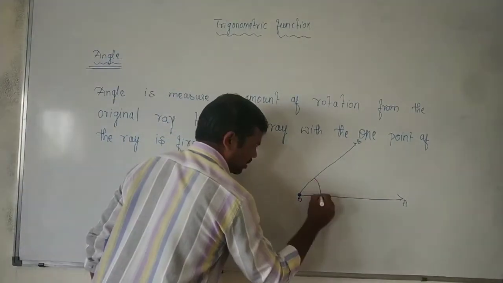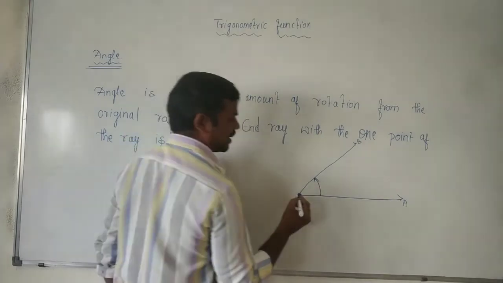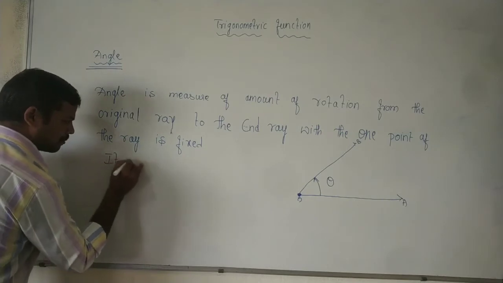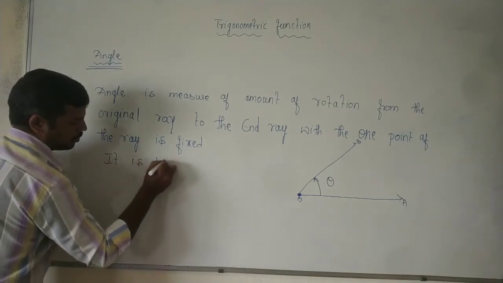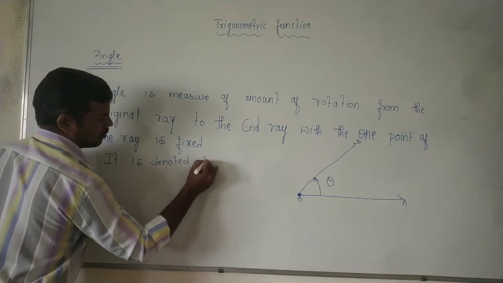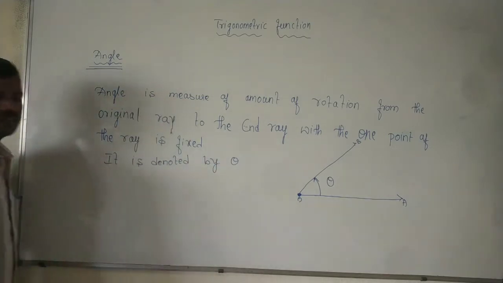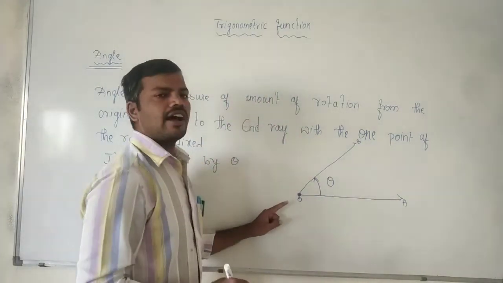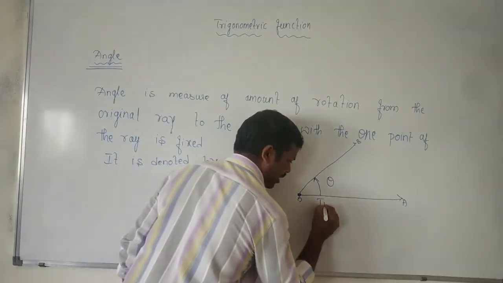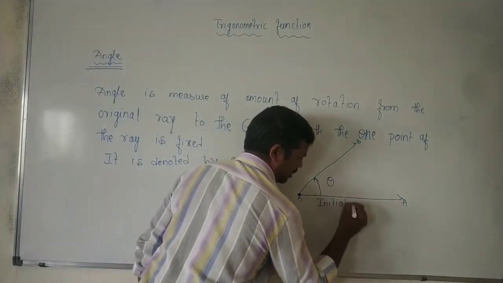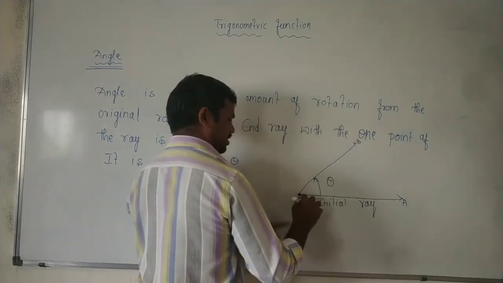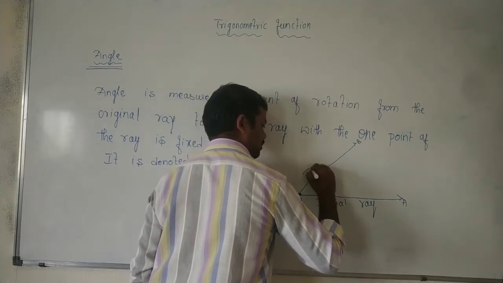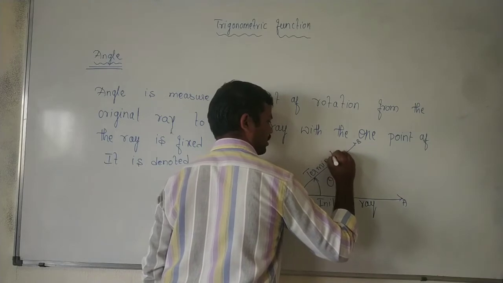This measure we call the angle, and it is denoted by theta. The OA, the original ray, has another name: the initial ray. Next, the end ray is called the terminal ray.